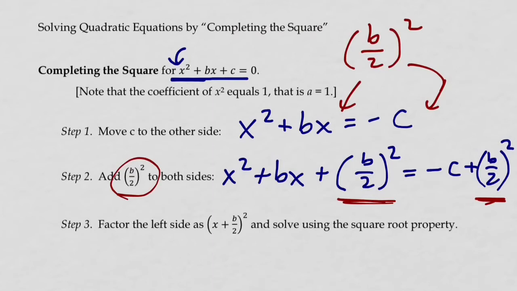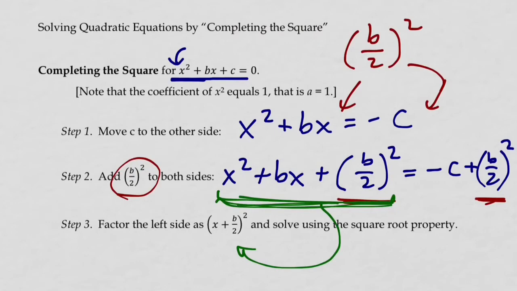When we do that, then this side of the equation, somewhat magically, but algebraically at least, factors into the expression x plus b over 2 squared.